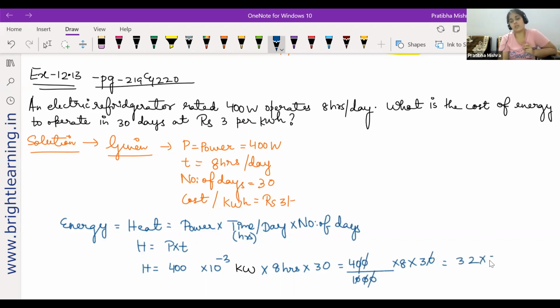Okay, 32 into 3, whatever you get, will be 96 kilowatt hour. Directly you can write your answer. So the refrigerator will require 96 kilowatt hour of heat or energy for the 30 days. Okay, if the cost is rupees 3 per kilowatt hour.